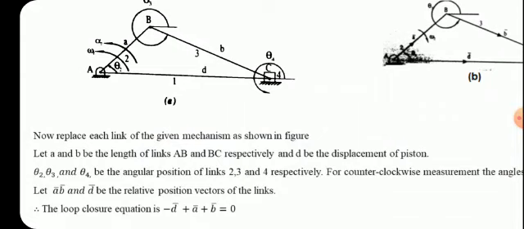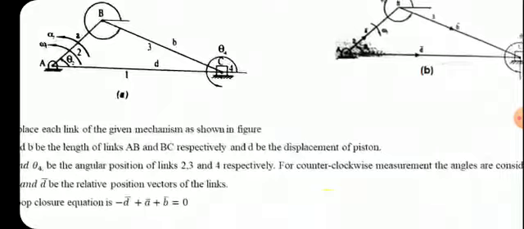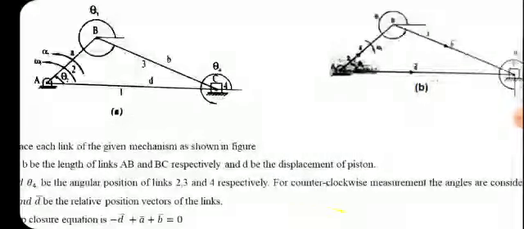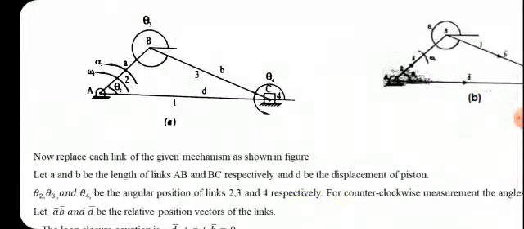Theta 2, theta 3 and theta 4 be the angular position of the links 2, 3 and 4 respectively. For counterclockwise measurement, the angles are considered as positive.